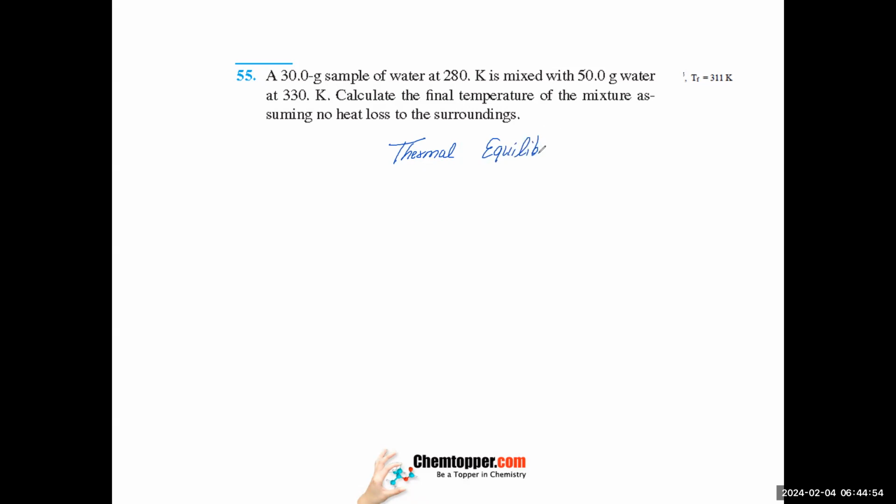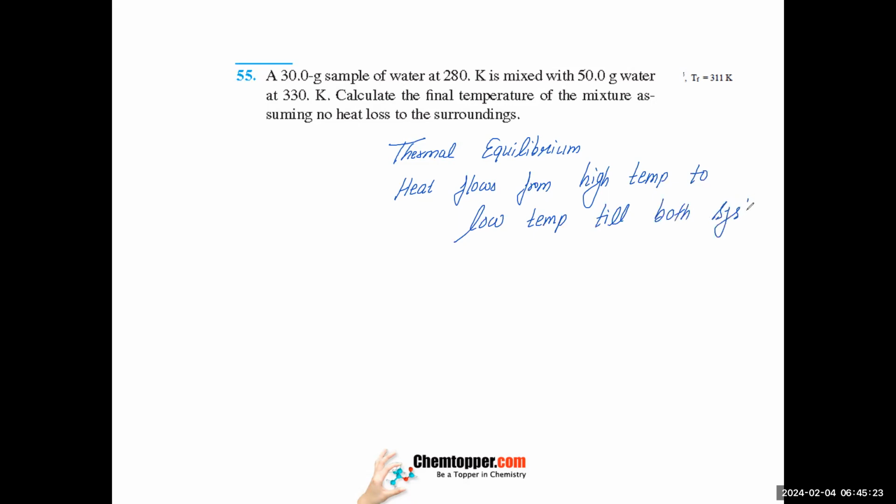Heat flows from high temperature to low temperature till both objects or both systems attain the same temperature.